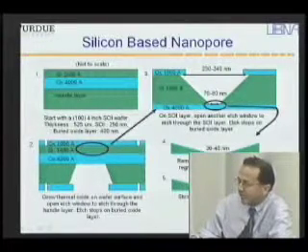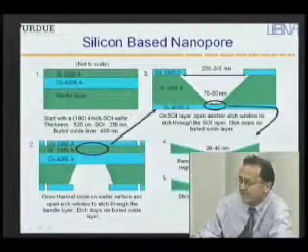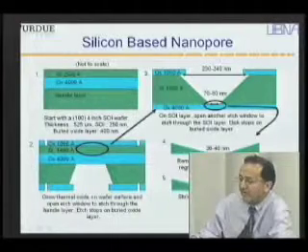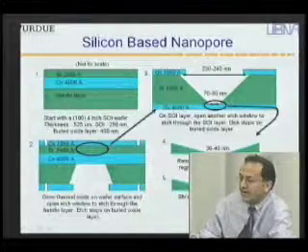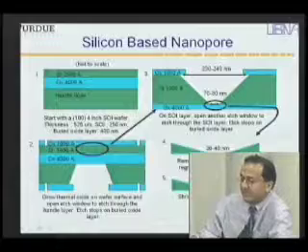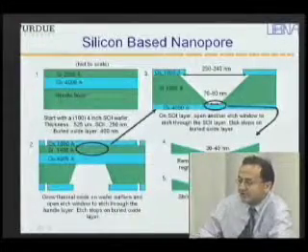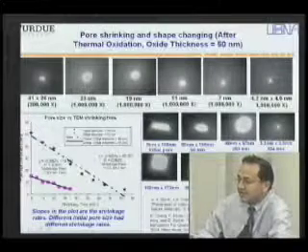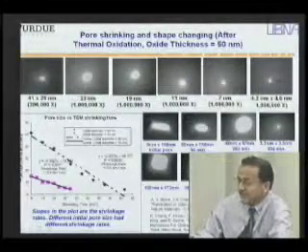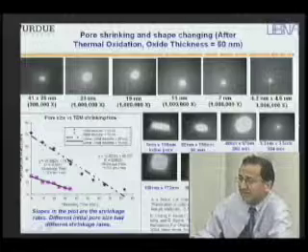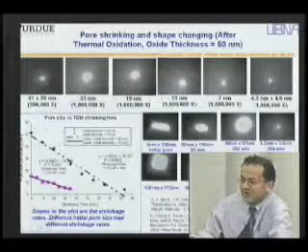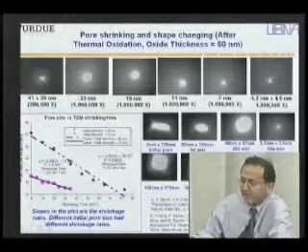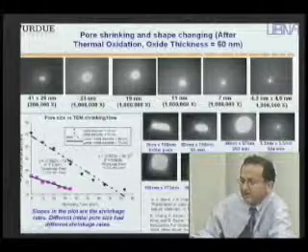Once you oxidize this pore and look at it in TEM, due to the high energy electron beam used in the TEM, you can see that the pore size shrinks over time. This is because the oxide around the pore can flow and shrink to minimize the surface energy, and the pore will over time shrink and eventually close.